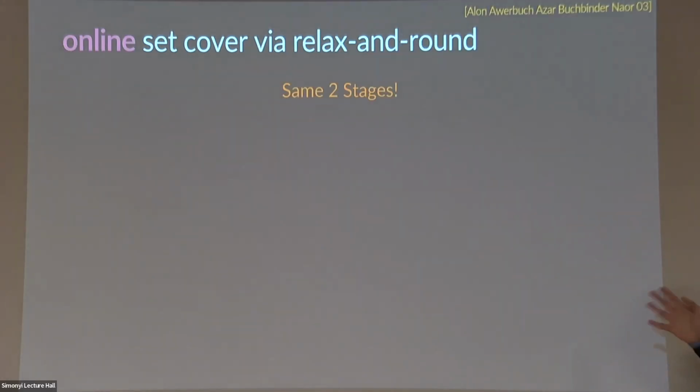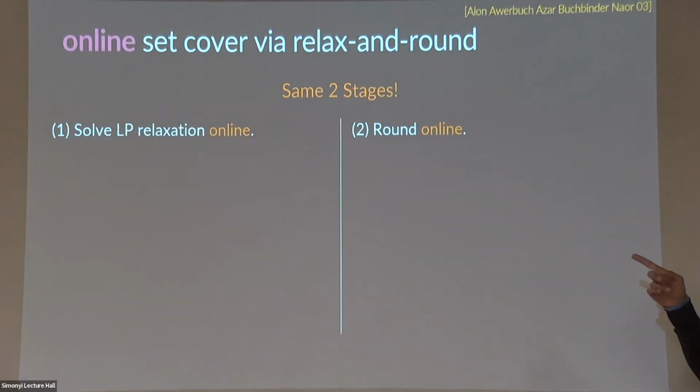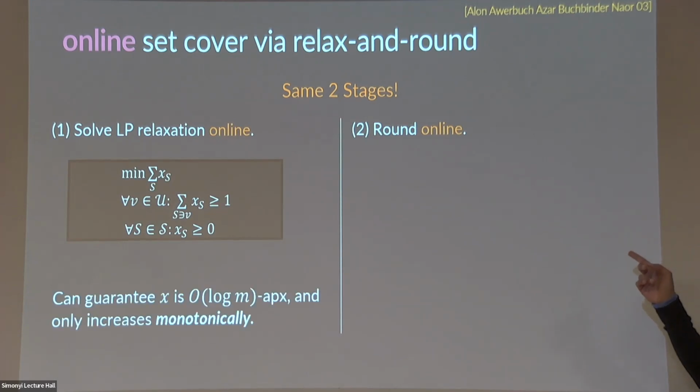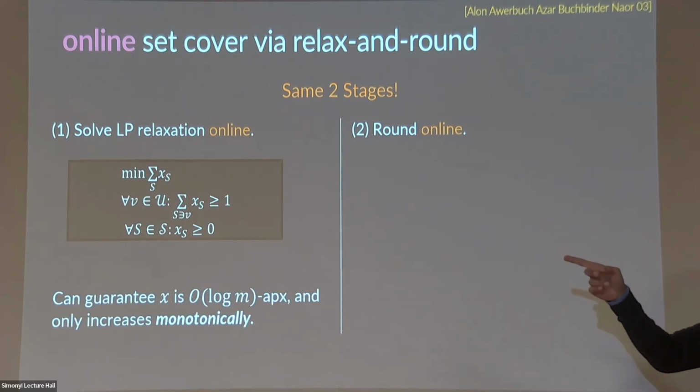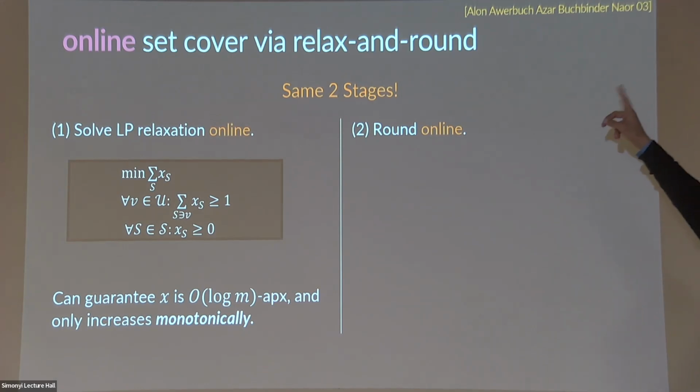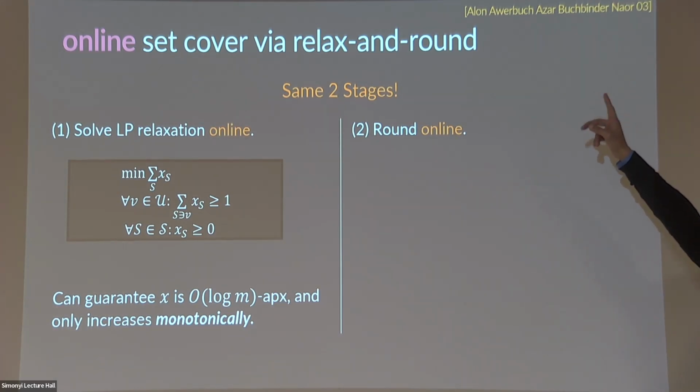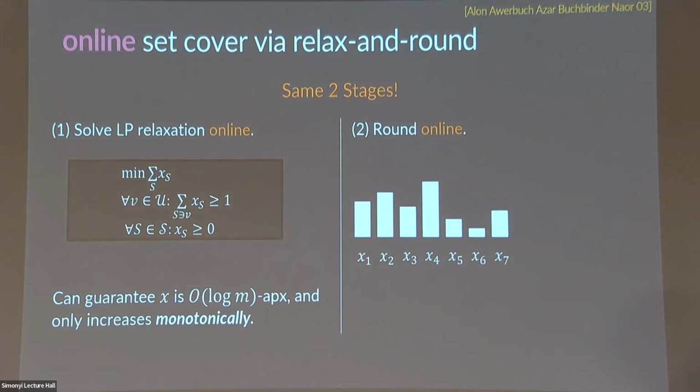I'll give you a little cartoon out here. Solve the LP online, round online. Solving the LP online requires a little bit of work. In fact, in some sense, that's one of the main ideas of this paper. And the rounding online is also kind of slick.